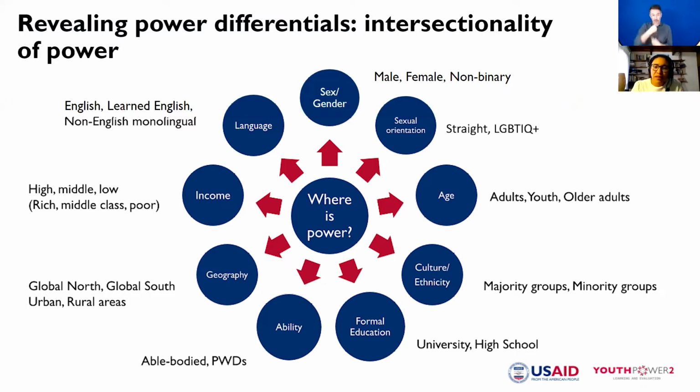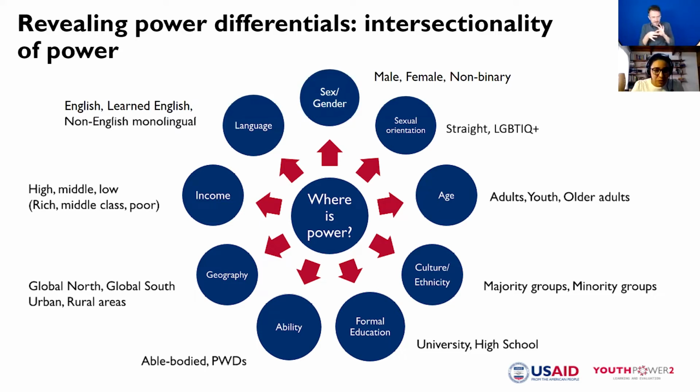Intersectionality is not simply about multiple identities. It is a way of thinking about power and interlocking structural inequities. It is a framework that allows us to see the complexity of different situations, and it makes us think, where is power?